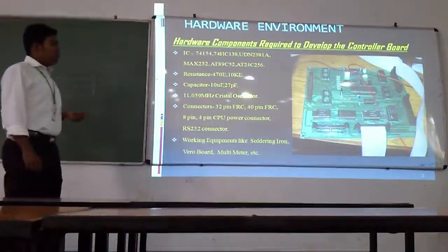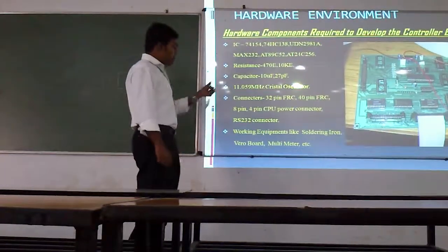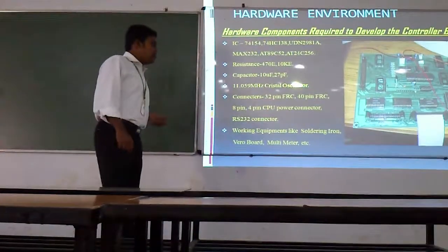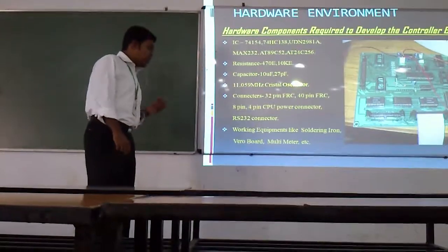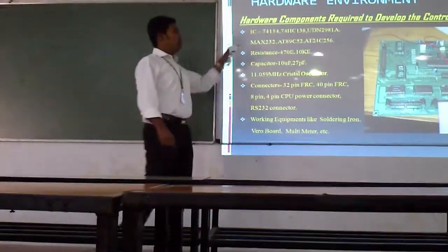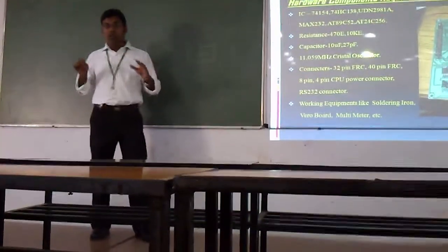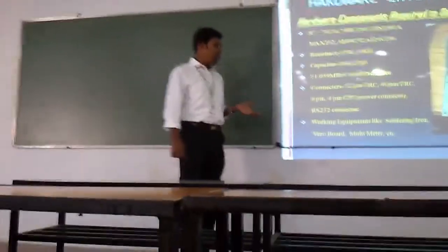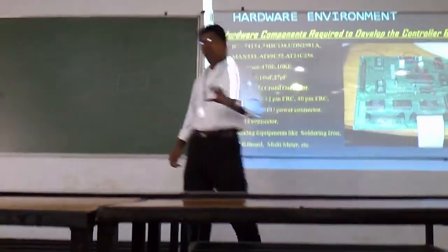The capacitors used here are 10 microfarad and 27 picofarad, an 11.059 megahertz crystal oscillator unit, and the connectors: the 32 pin FRC connector and 40 pin FRC connector or 8 pin connector, a 4 pin CPU bar connector and an RS232 connector connected with the MAX232 IC. When I show you the schematic diagram, it will be more clear. And the working equipment like soldering iron, ferroboard, multimeter, breadboard, etc. you can use for your main project.